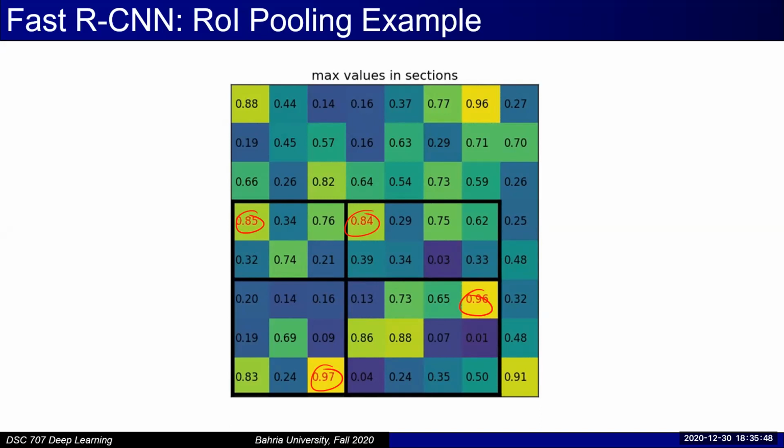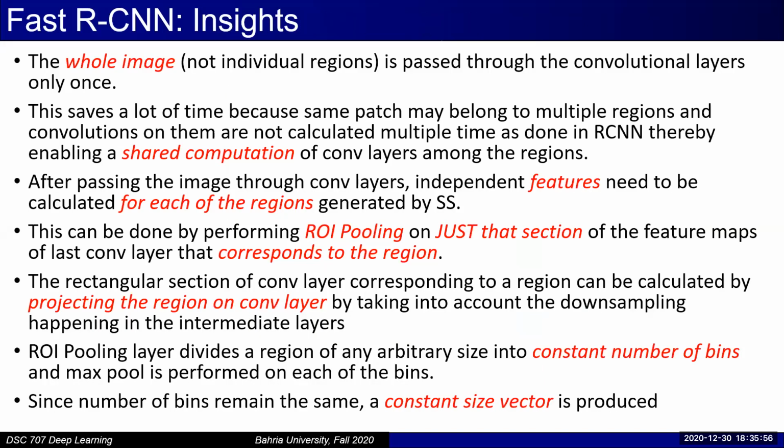Now let's go back and see what we have achieved so far, a recap of the steps that we have been doing. The first thing was that we are feeding the complete image to the CNN and not the individual regions, which allows shared computation and helps us save a lot of time, right?